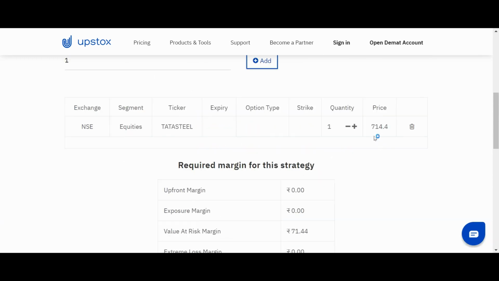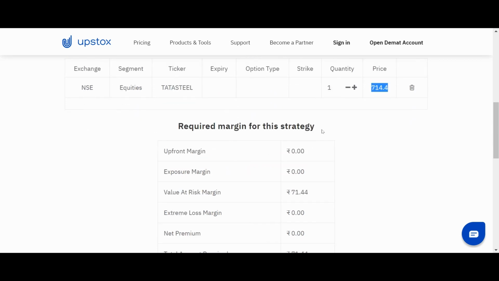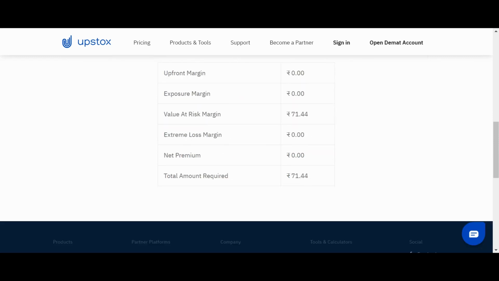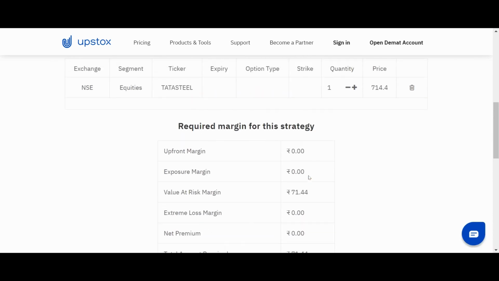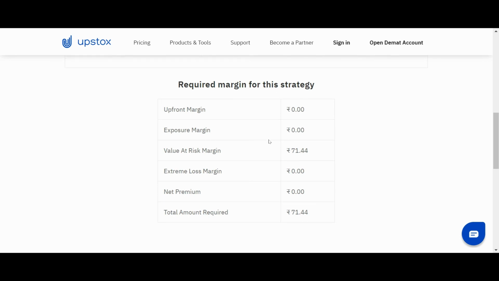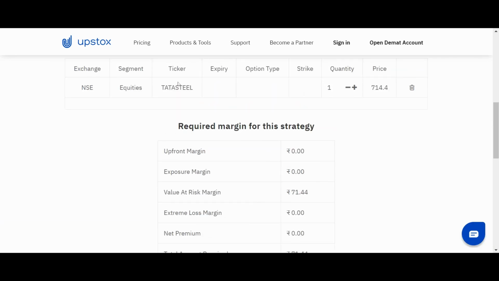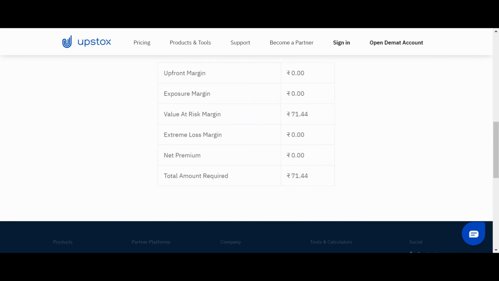That is, if you subtract the value from the upper circuit, you will get this amount. That is only what the broker is asking for, because the broker knows that your value is not going above or beyond those circuits. So what the broker charges is this amount.